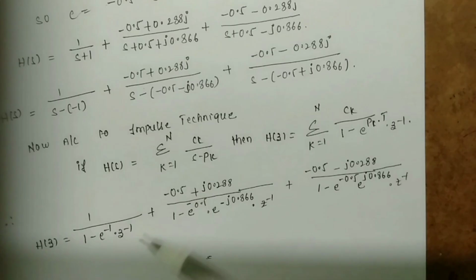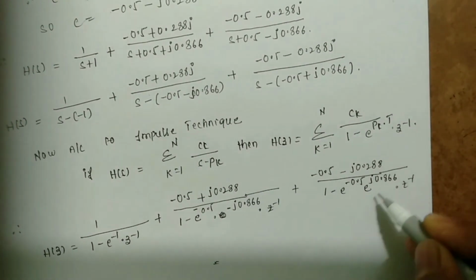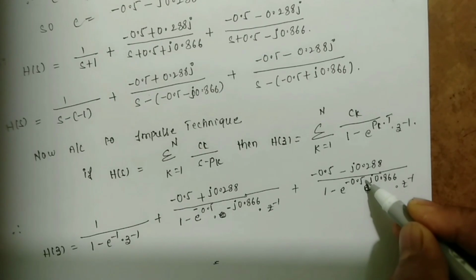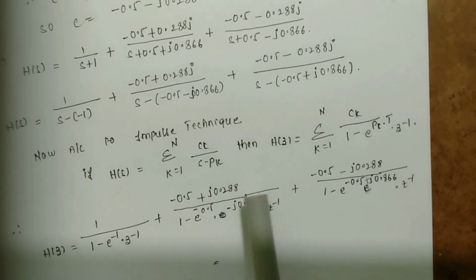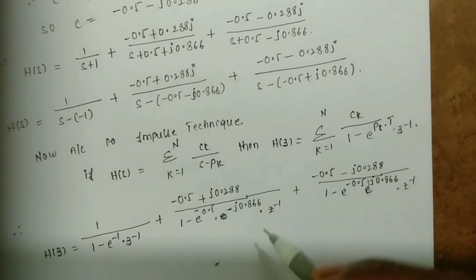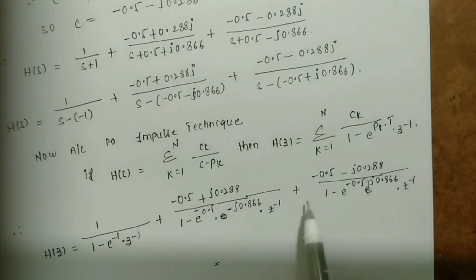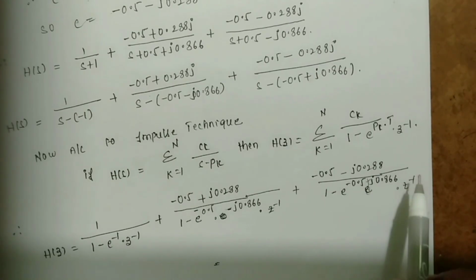Guys, here you can change this to 0.5; some small mistake you can correct. So it becomes e power minus 0.5 plus j 0.866 into z power minus 1, plus minus 0.5 minus j into 0.288 by 1 minus e power minus 0.5 plus 0.866 into z power minus 1. So this is the value.